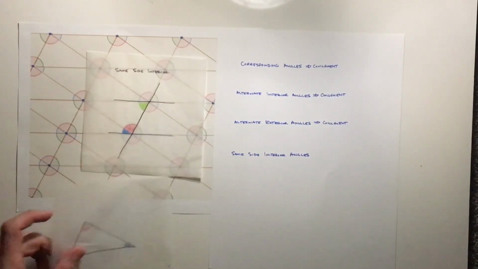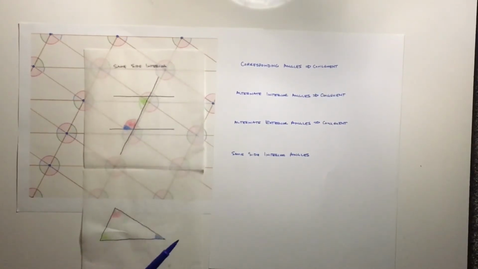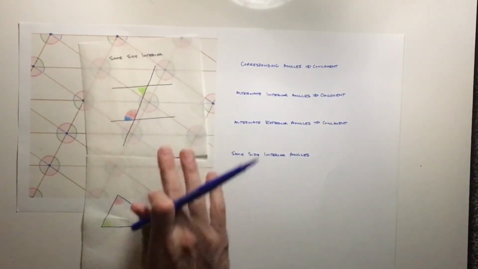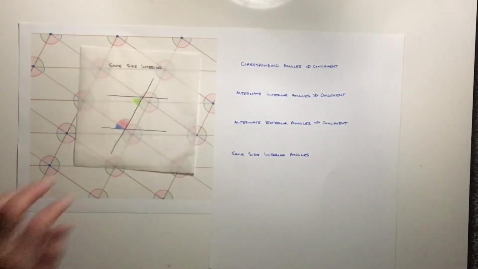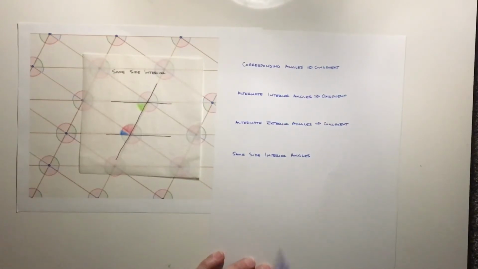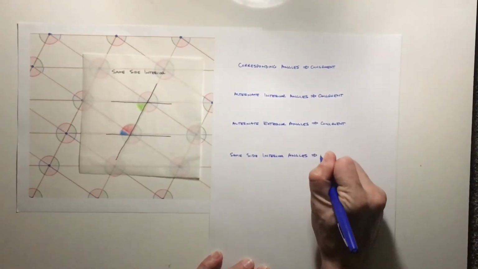And if I bring my triangle back, it shows that same side interior angles combine to be the three angles of a triangle. As we have a solid foundation and knowledge of the triangle sum theorem, we know that the three angles of a triangle add to 180 degrees. So if same side interior angles are made up of the three angles of a triangle, that leads us to the conclusion that same side interior angles add to 180 degrees.